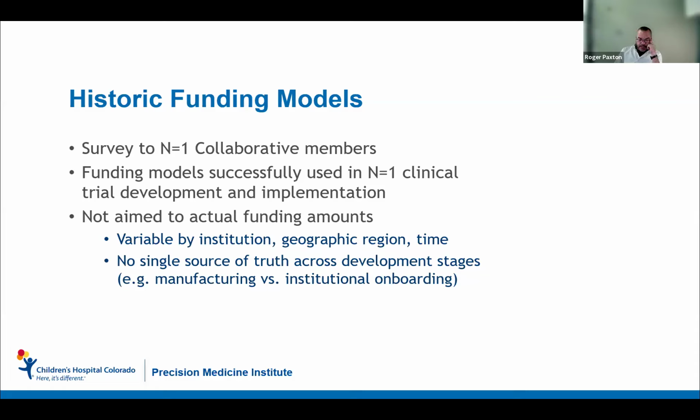And this is due to a high degree of anticipated variability by institution, geographic region, and time, as well as there not being, for any one of these InnovOne clinical trials, a single source of truth across the development stages.